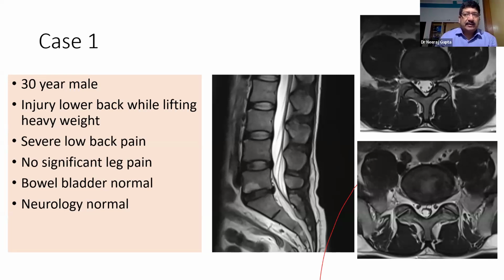And I would like to add that once we do the clinical examination and we are sure that he has nothing serious, and it's only a lumbosacral sprain, a muscle pull, or myofascial pain, then the first thing we need to do is educate the patient.